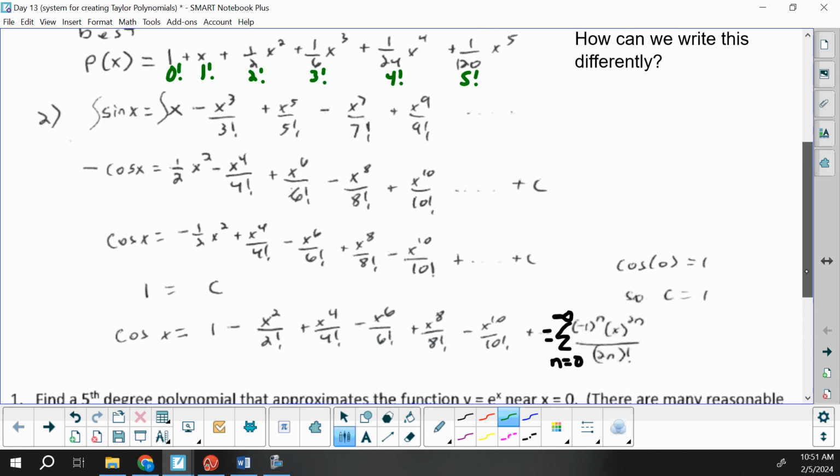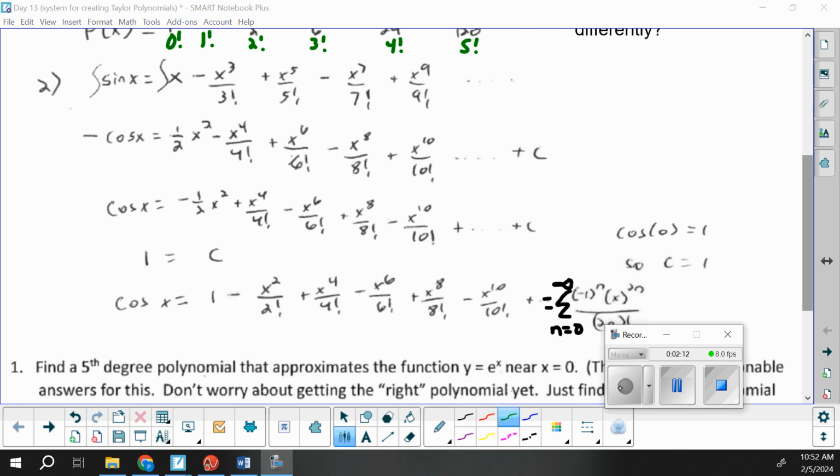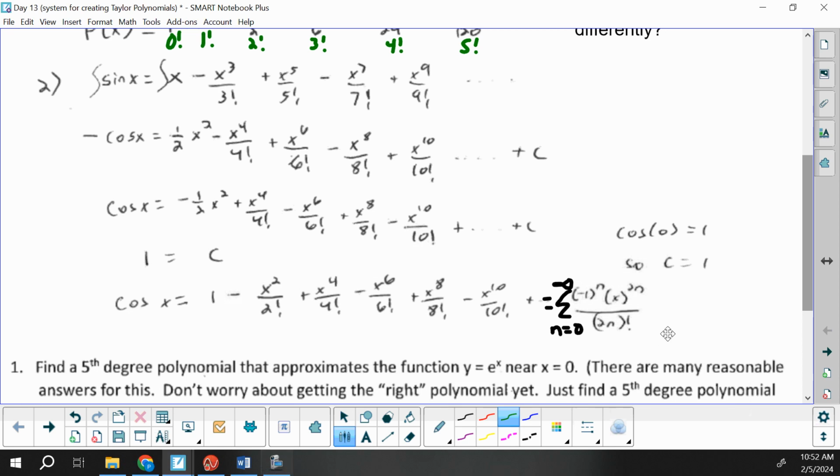So next one wanted us to find cos x in a different way by taking the integral of sine. So your antiderivative of sine is negative cos on the left. On the right-hand side, we start with our Maclaurin for sine. Take the antiderivative, so exponent goes up to 2, divide out front by 2.